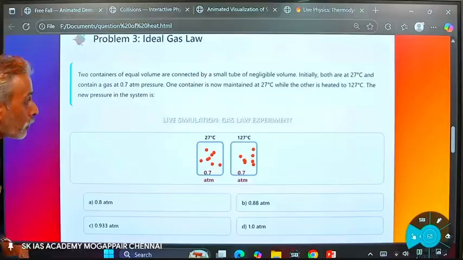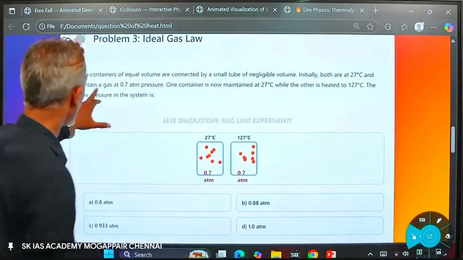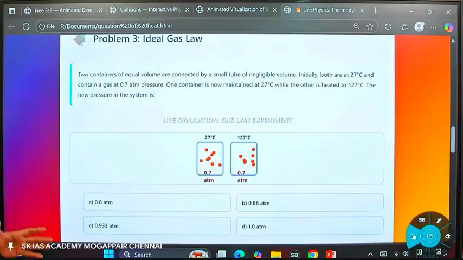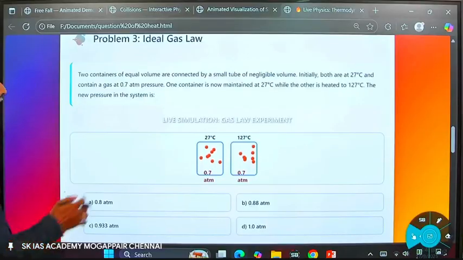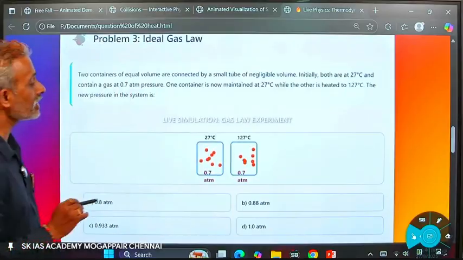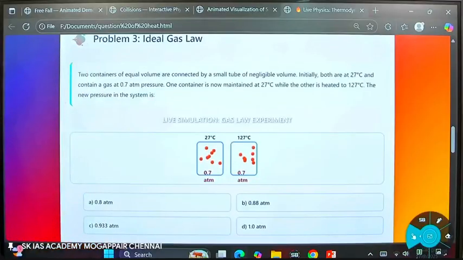Initially both are at 20 degrees Celsius and contain a gas at 0.7 atm pressure. One container is now maintained at 20 degrees Celsius while the other is at 120 degrees Celsius. Now you have to find the new pressure of the system.